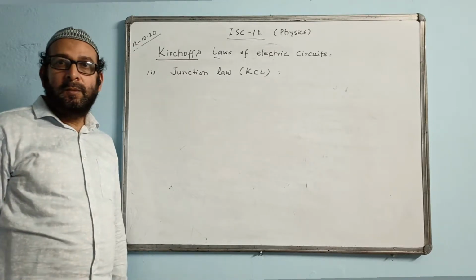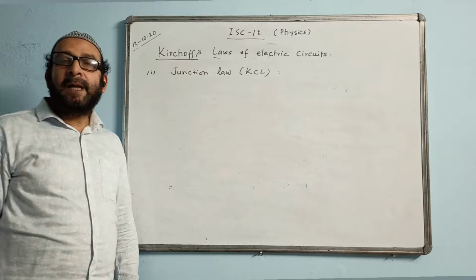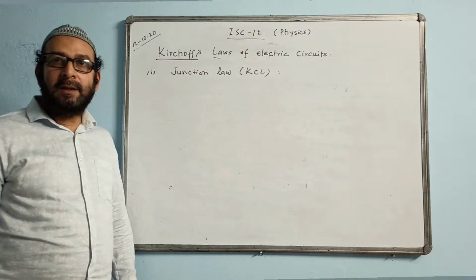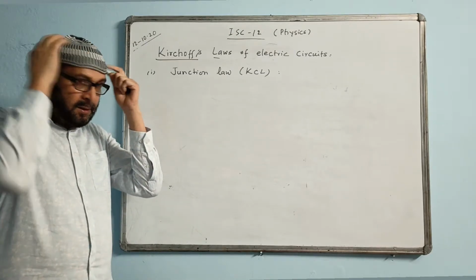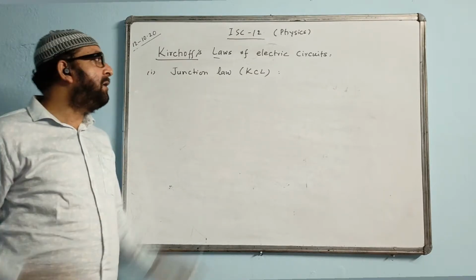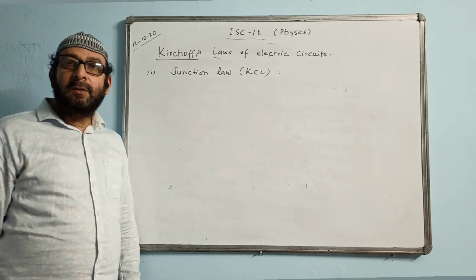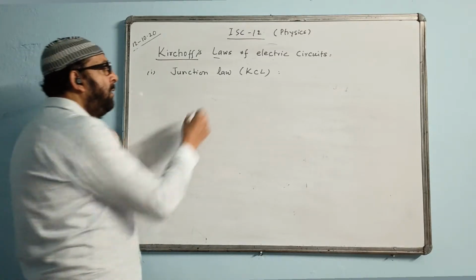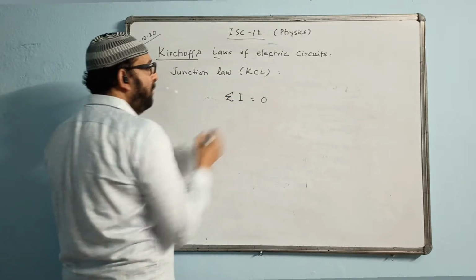What is junction law? Junction law states that the algebraic sum of all currents at a junction, the meeting point, is zero. Therefore we can write, the algebraic sum of all currents, summation I equal to 0.